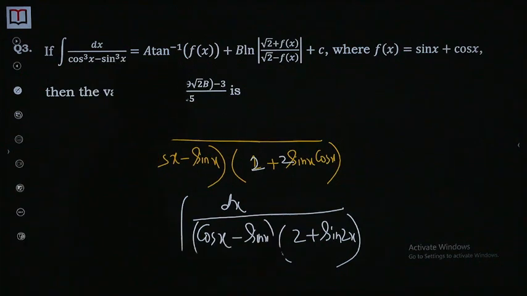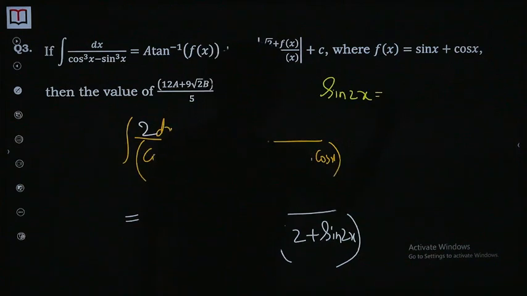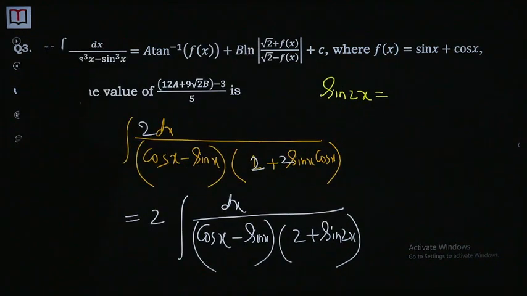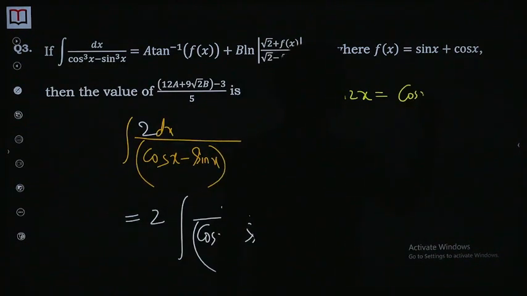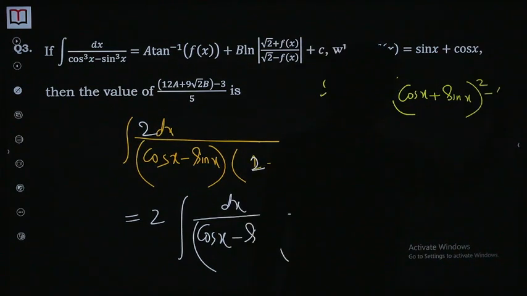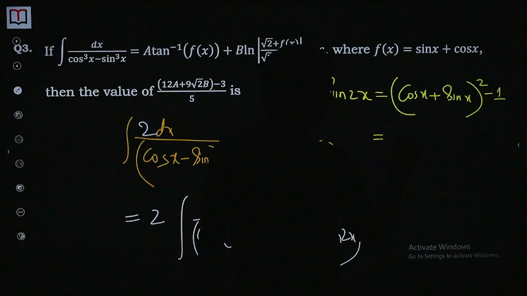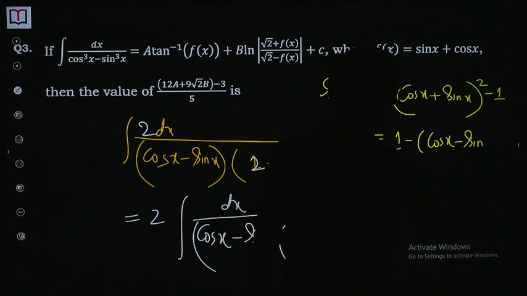Now we know that we can express sine 2x in terms of both cos x minus sin x and cos x plus sin x. Sine 2x can be written as (cos x plus sin x) whole square minus 1, or we can write it as 1 minus (cos x minus sin x) whole square.